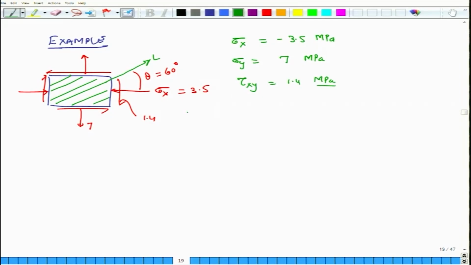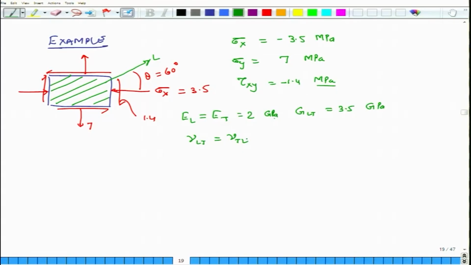And now we will also give you the material properties. EL is equal to ET and GLT is 3.5. This is all in GPa. So, tau xy is negative here, and the Poisson's ratio nu LT is the same as nu TL.